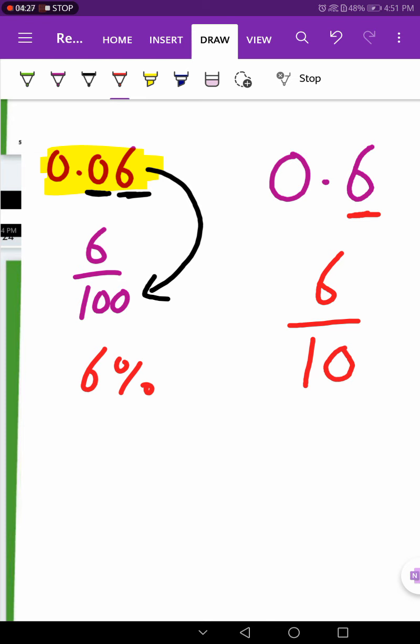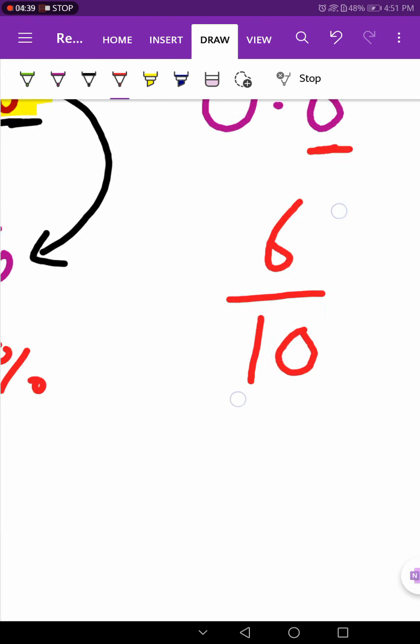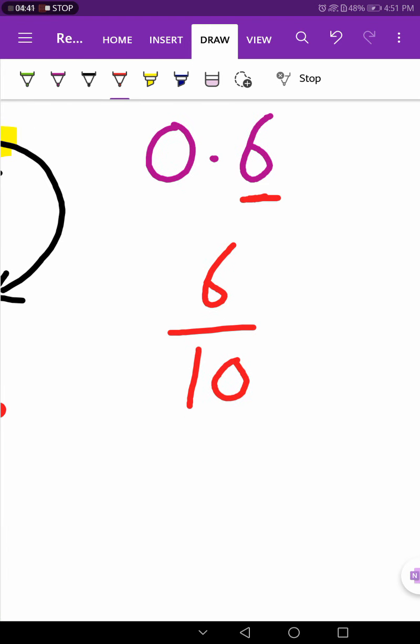But like this, you cannot write it as a percent. We cannot, because a percent is out of 100. Ayman said because this is 10 and not 100, we cannot write it directly. So what do we have to do, Ayman? We see 10 multiplied by how many gives 100, and it is 10.